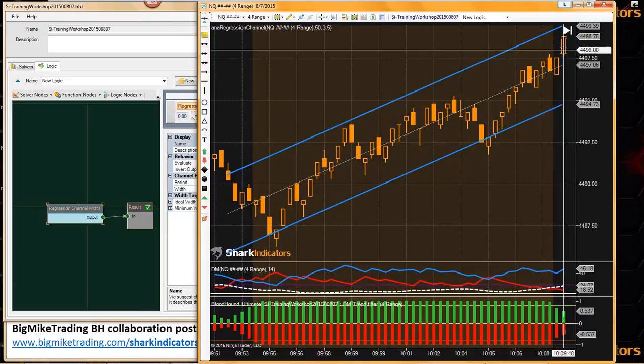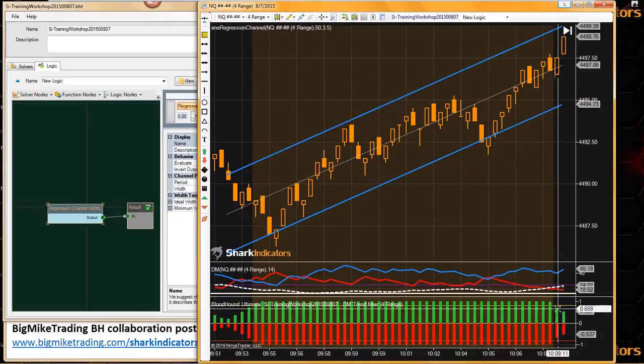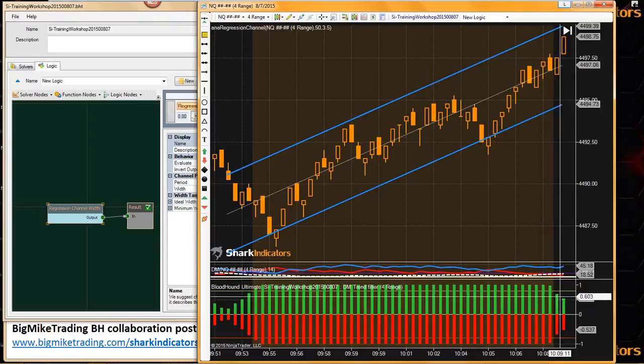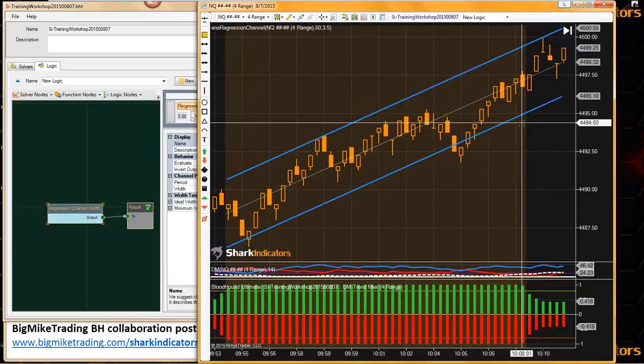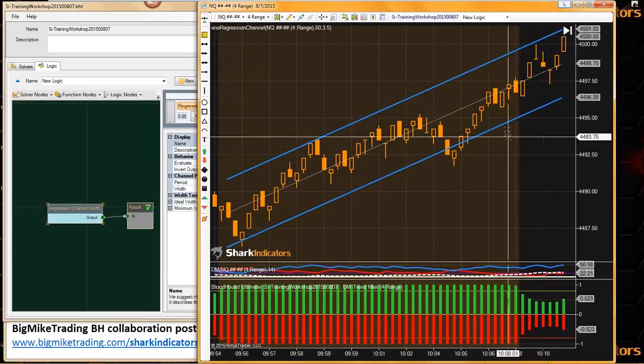If we look at the right two bars, and at BloodHound's output, we can see the output begins to slope down, and that's because the channel is beginning to narrow. Let me step forward here. So the channel is narrowing.